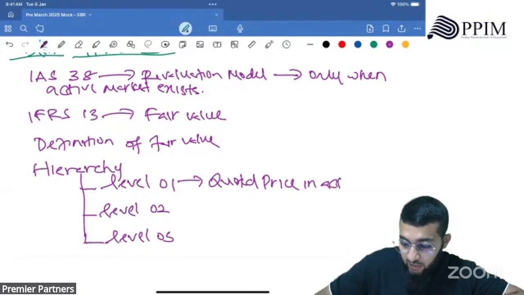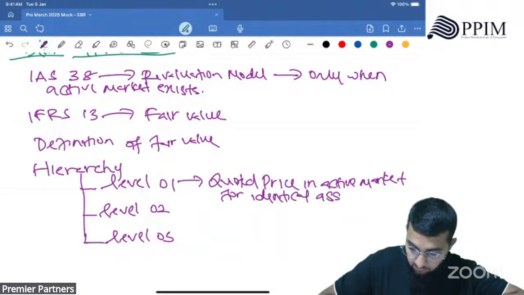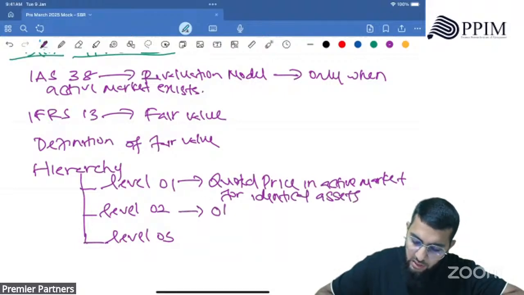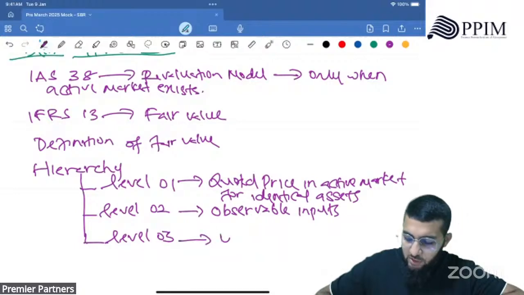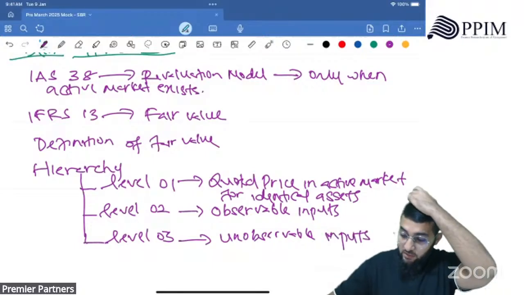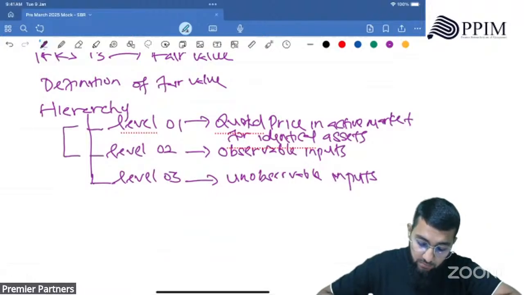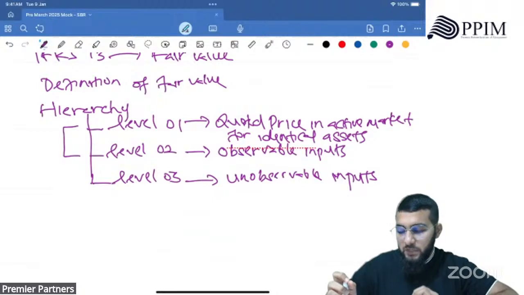Then there are observable inputs. The level 2 input is observable inputs. Level 3 is unobservable inputs. I'm sure you know what these are. I don't need to take you through them in detail. So IFRS 13 always gives precedence to observable inputs over unobservable inputs.